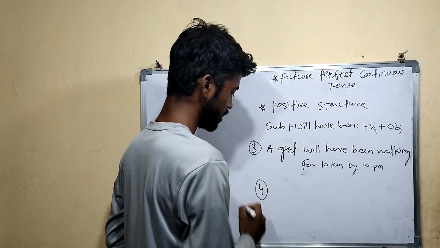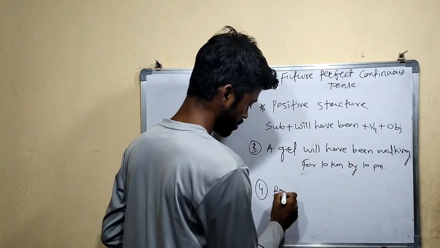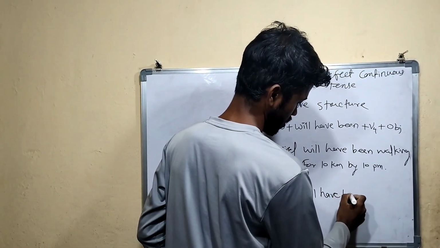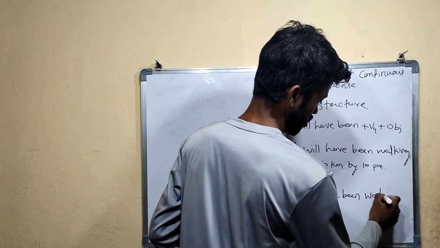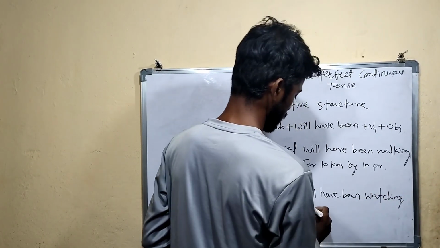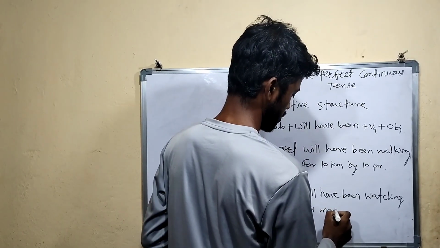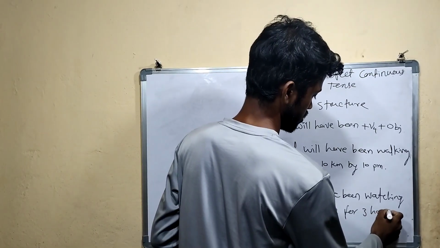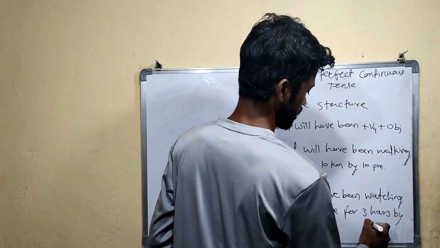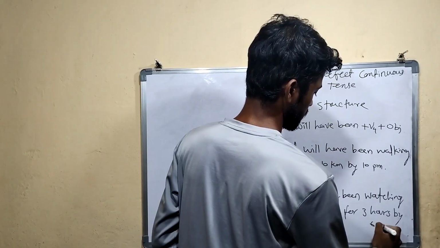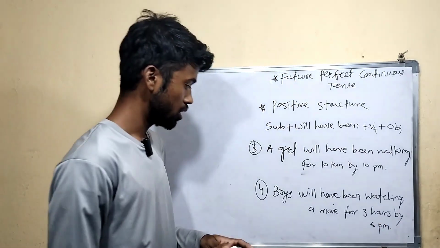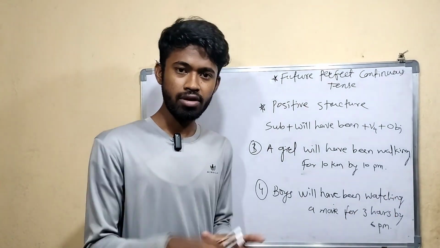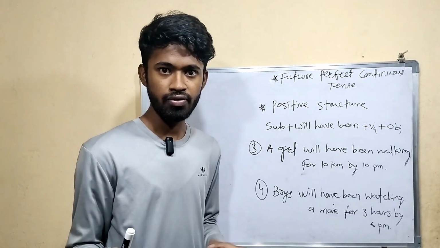Now one more example I will take. Boys will have been watching a movie for 3 hours by 6 p.m. Whenever you are watching a movie, you watch continuously for 3 hours.